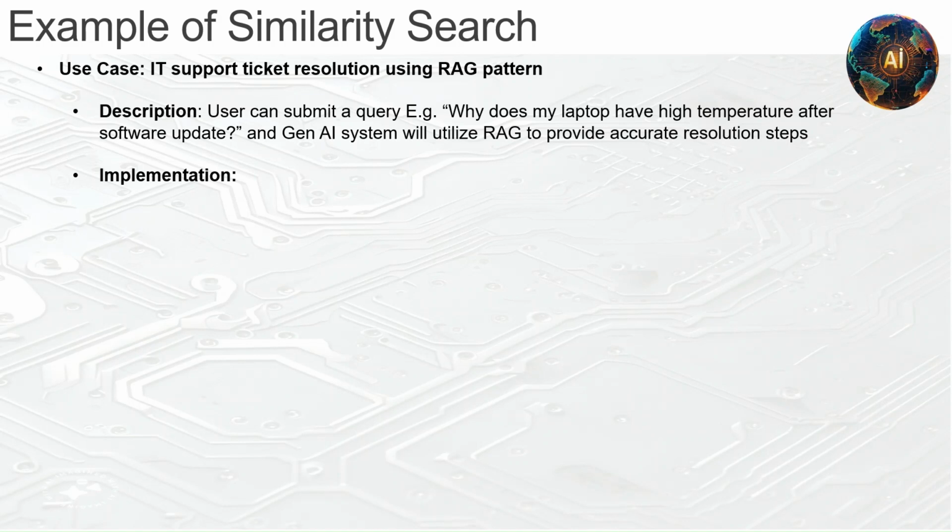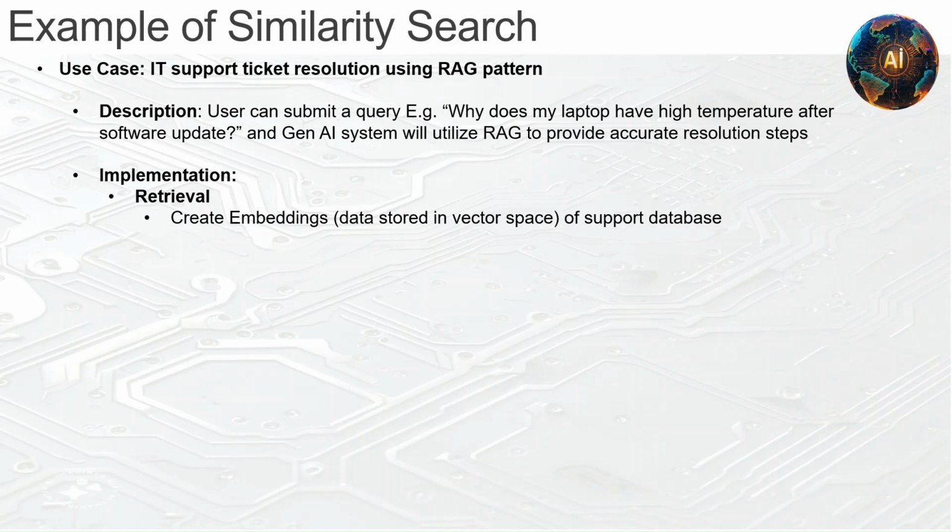This is where similarity search comes into play. So in the retrieval step, instead of simple SQL search, we will do similarity search. We do this by creating something called embeddings, or data stored in vector space, of the support database. We create the embeddings of the user query as well.